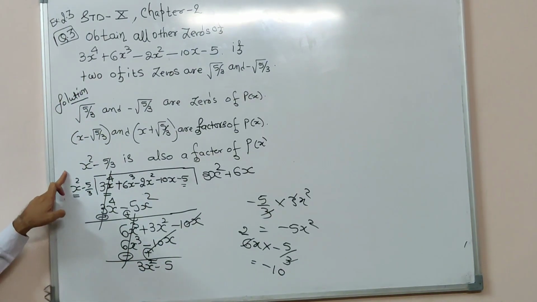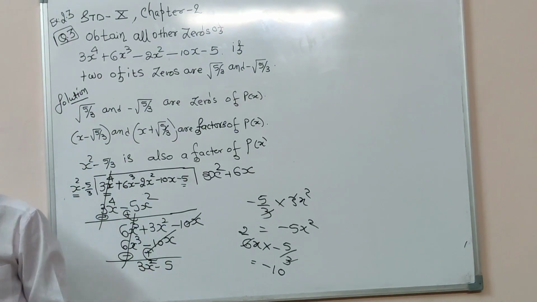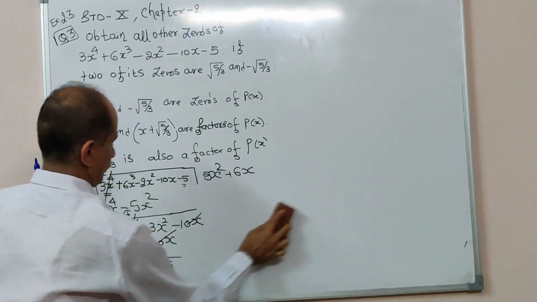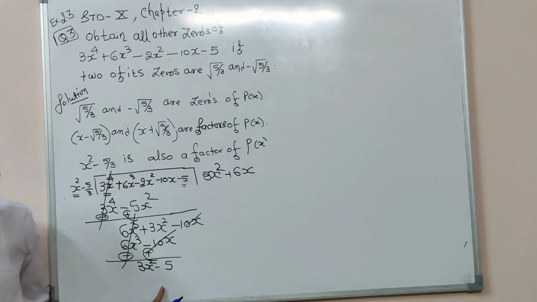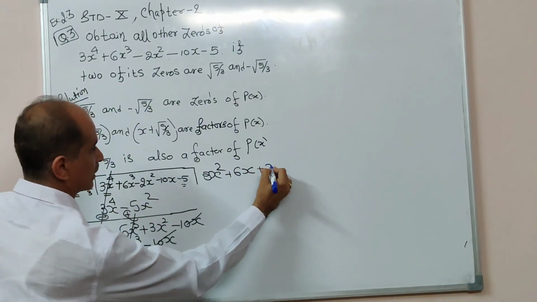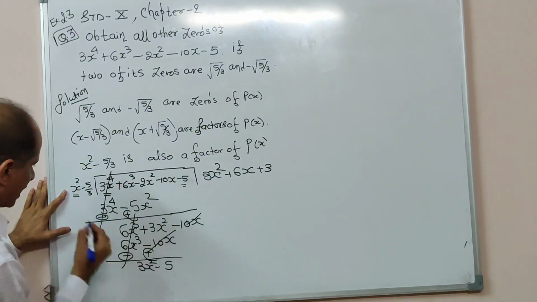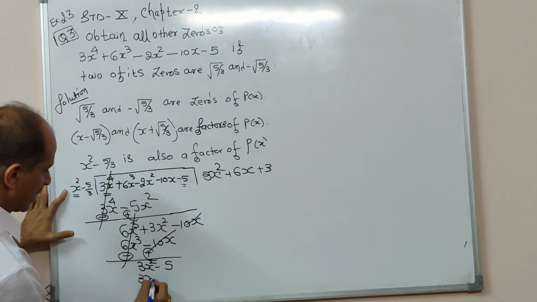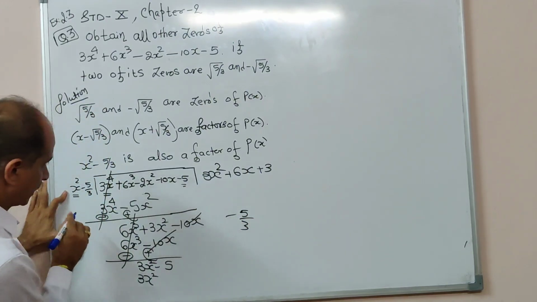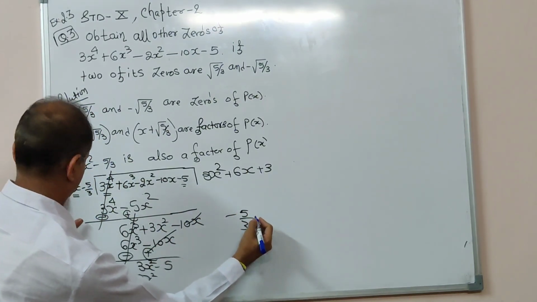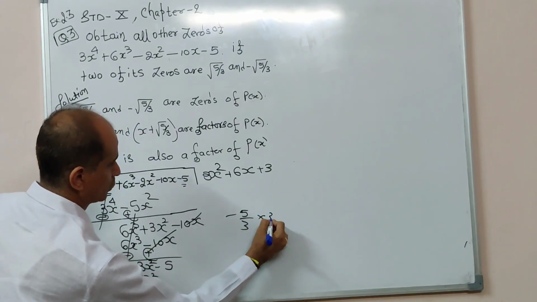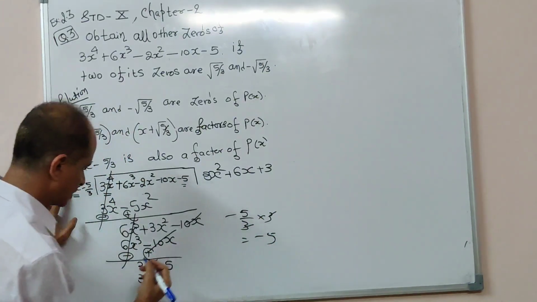Now this is x square minus 5 by 3, and you need 3x square, so you have to multiply it with plus 3. When you multiply it with 3, you get 3x square. Now minus 5 by 3 into 3 becomes minus 5.